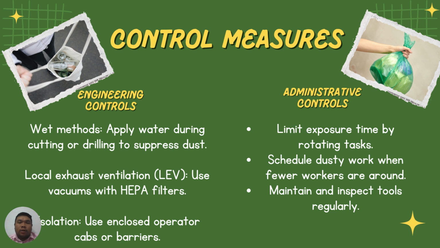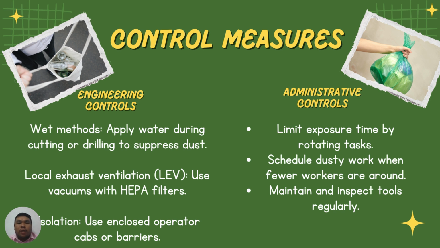The second is administrative control. For administrative control, the company can limit the exposure time by rotating the tasks. Maybe every 2 or 3 hours, rotate the workers doing the job.